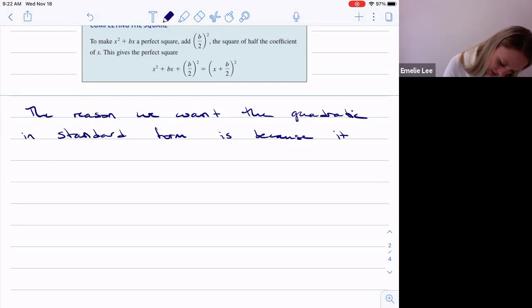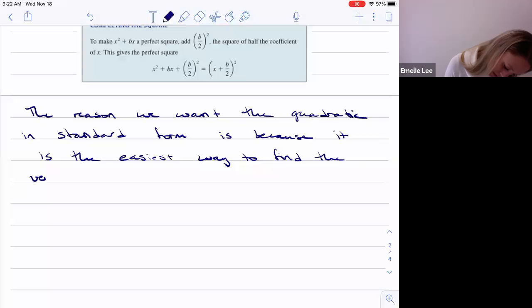It is the easiest way to find the vertex of a quadratic.